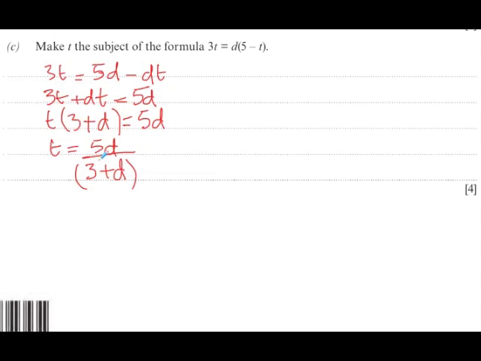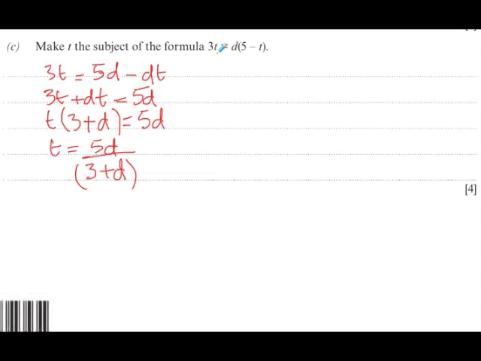Now, if you want to double check you've not made a mistake somewhere, you can try substituting in a figure. So let's say d is equal to 2. That makes the top 10, makes the bottom 5. So for d equals 2, t equals 2. If we go back to our original formula, we should be able to substitute t equals 2 and d equals 2 in there, and they should balance.